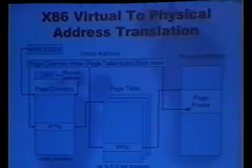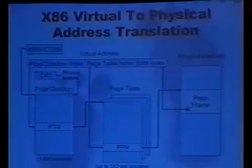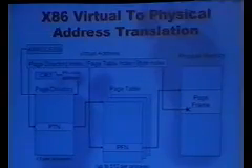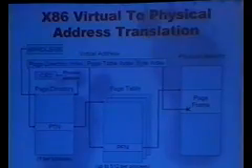A pointer to the page directory is contained in the KPROCESS block, but also the hardware register CR3, a control register, contains the physical address of the current page directory. So once we've located the page directory, now we need to locate the actual page directory entry, which is going to contain a pointer to the page table in physical memory.